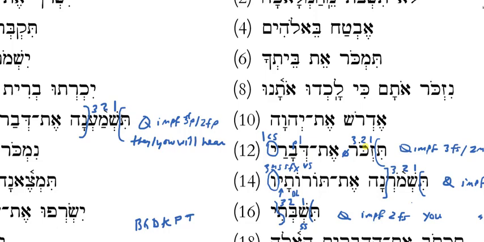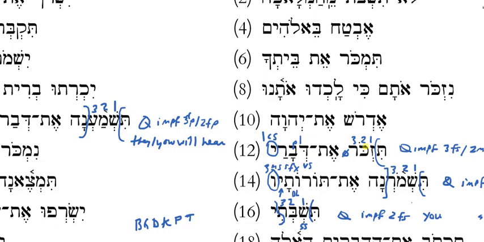His. Yes. And if it's a yod at the end, it's my. First common singular. First person is I, and singular, and common means that the gender could be male or female, right? A woman could use this form, and a man could use this form.